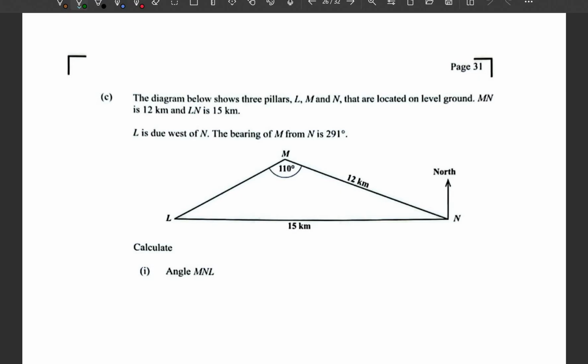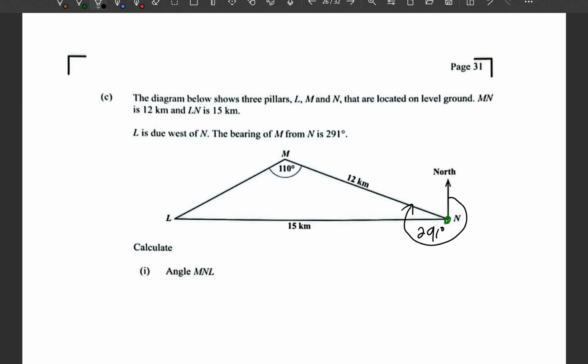L is due west of N. The bearing of M from N, so we're starting at N, is 291 degrees. So if we are starting at N and turning to face M, this is going to be 291 degrees. Right, I'm sure we'll need this information at some point in time.